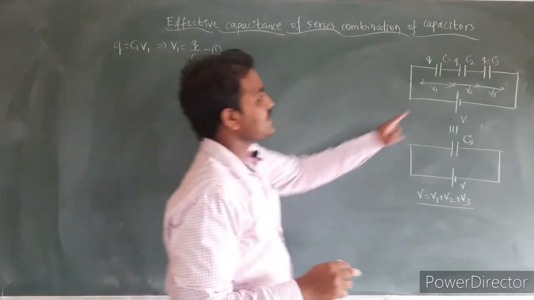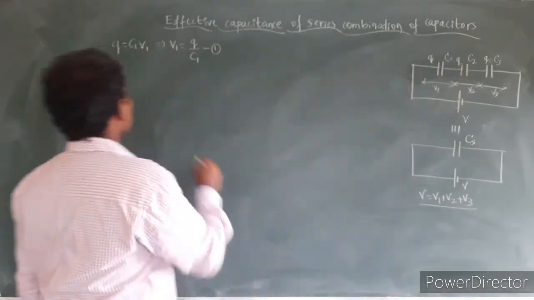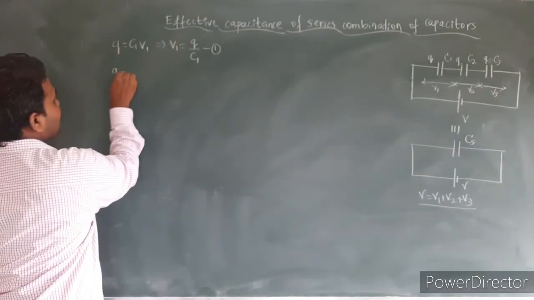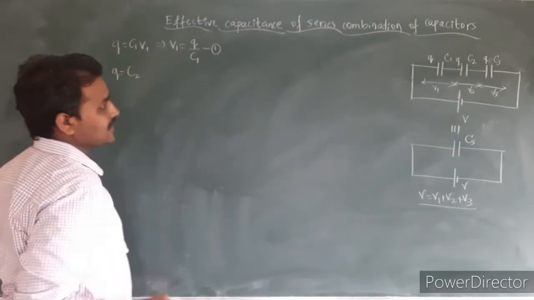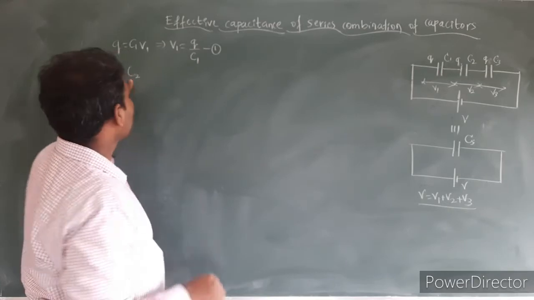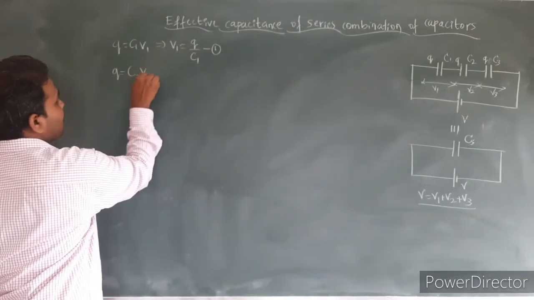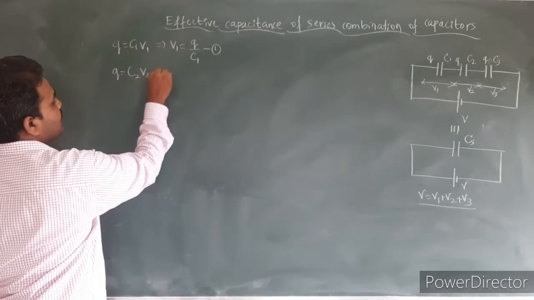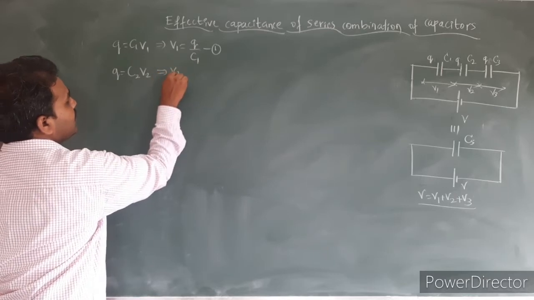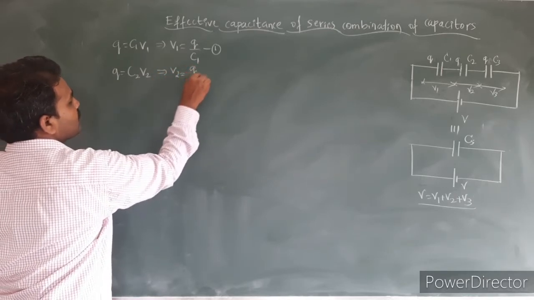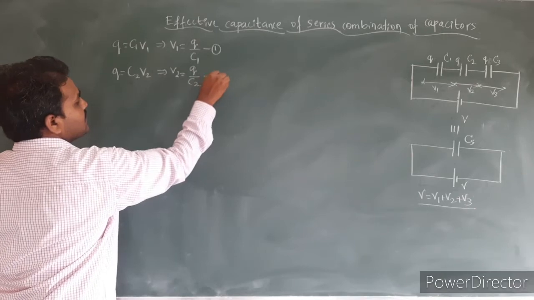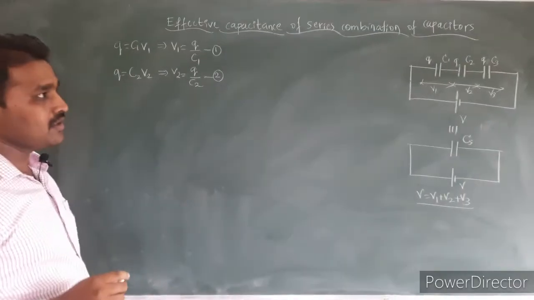Then by considering the second capacitor here, I can also write the charge stored is equal to the capacitance of that capacitor, that is C2, into the potential drop across that capacitor, that is V2. By this I can write V2 is equal to Q divided by C2. This I consider as equation number 2.